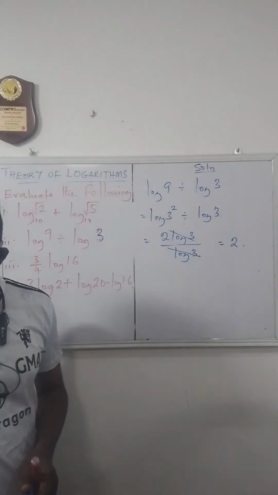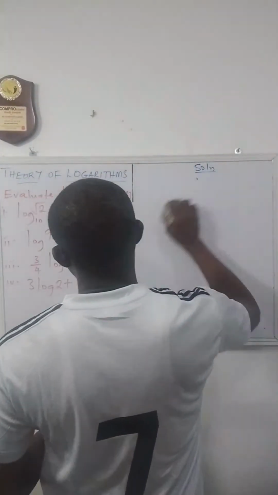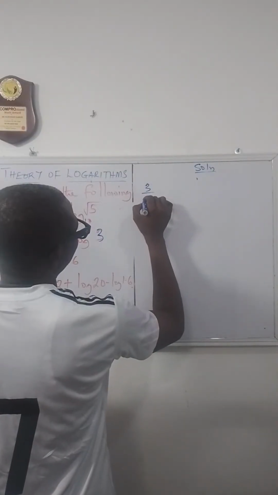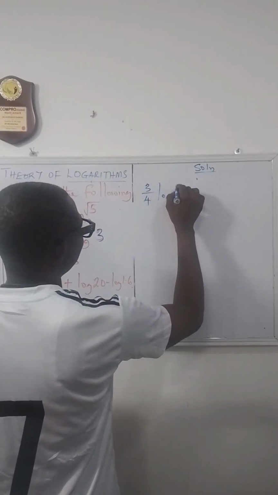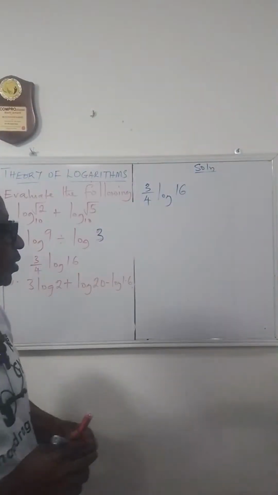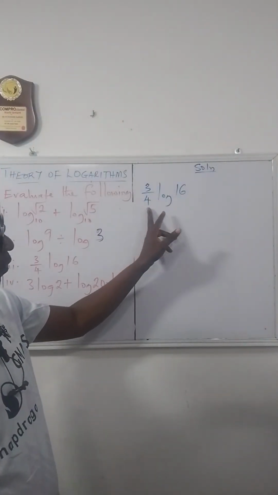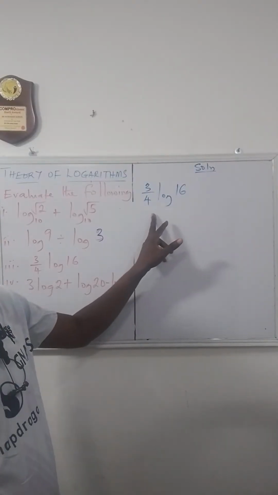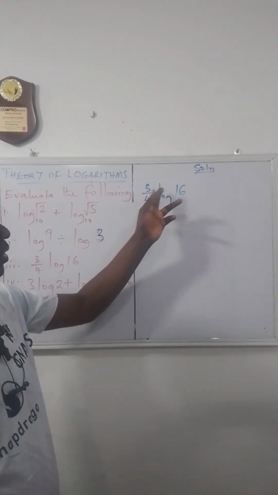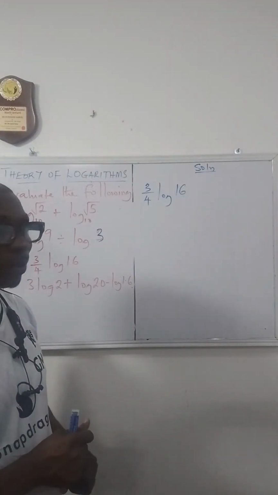All right, so can we look at the third one? The third one, we have 3 over 4 log of 16. Okay, can I give you just a few seconds to try this and tell me what the answer is going to be? So you just need to apply a simple law, move this here, and you get your answer. So if you have your answer, please kindly drop that in the comment section.